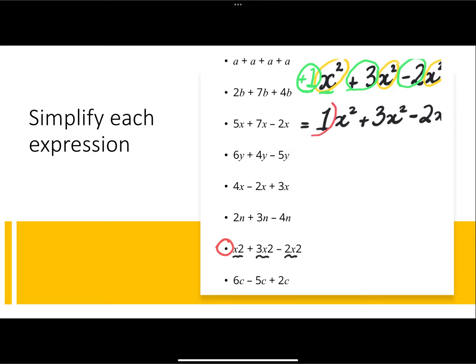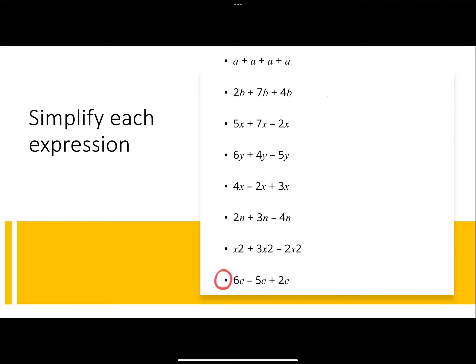So I'm doing this number, and this number, and this number, and I'm going to keep this as my variable at the end because that's for every single term there. So 1 plus 3 is 4, 4 take 2 is 2, so I'll have 2 as my coefficient, and x squared is my variable. Don't be scared of these ones. They're friendly.